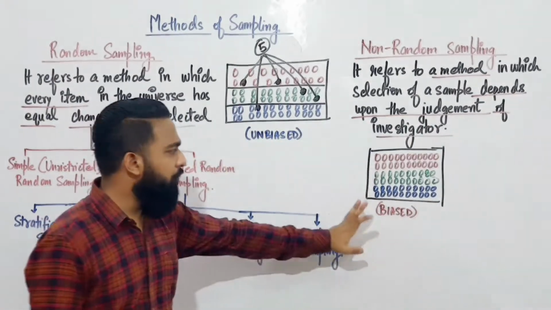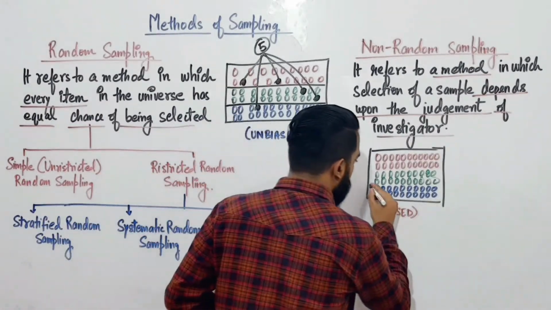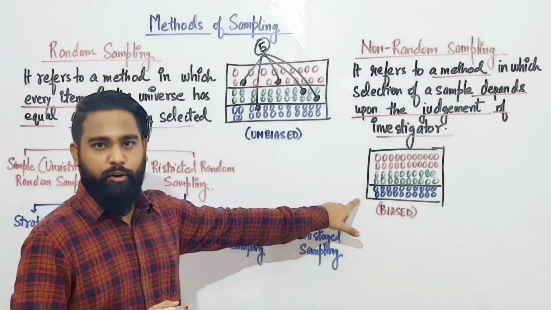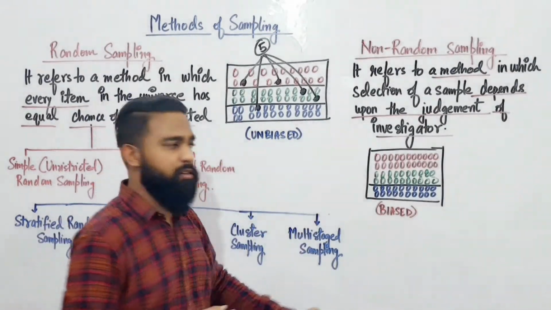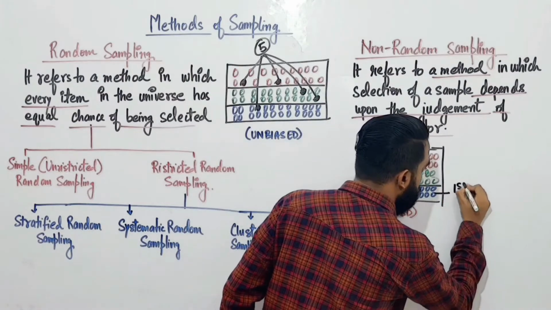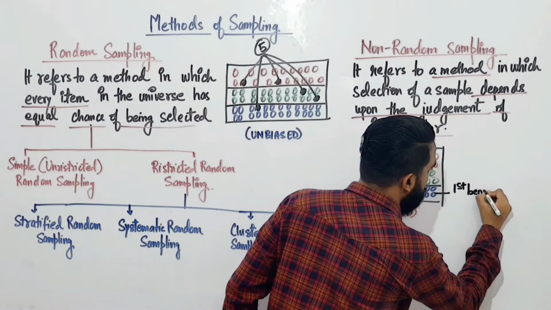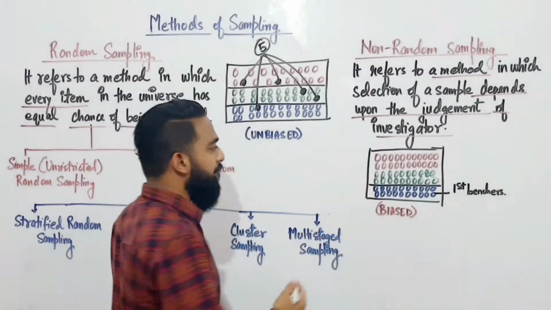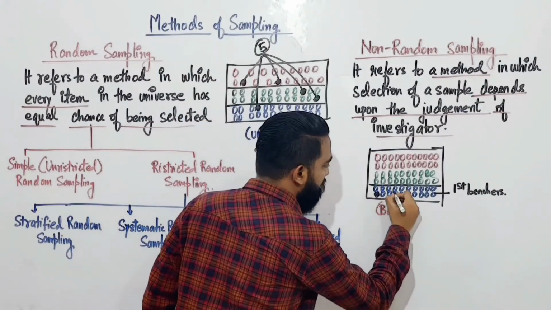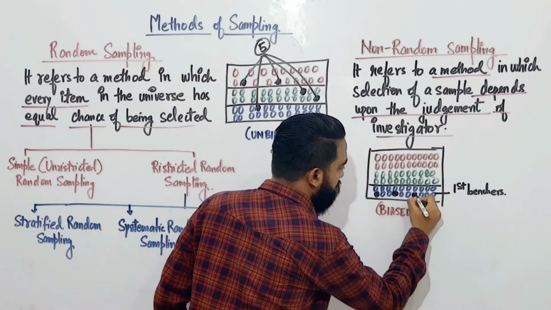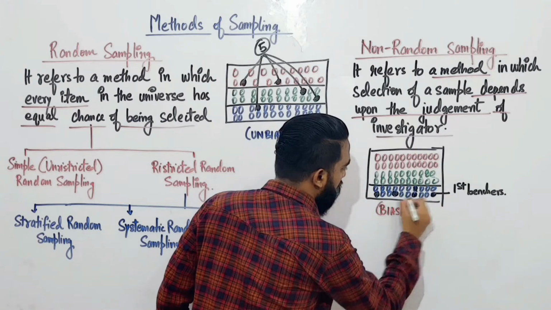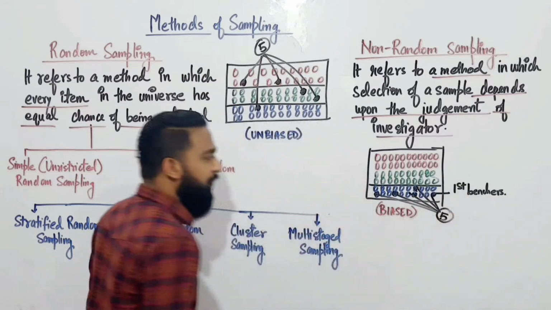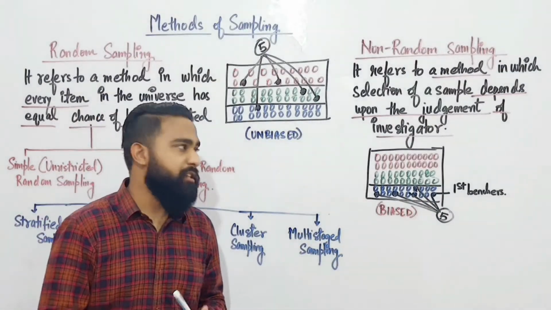I am just going to select the survey from the first benchers. Only first benchers are going to be selected. So in this blue line, I selected my 5 students, and I can start my investigation.